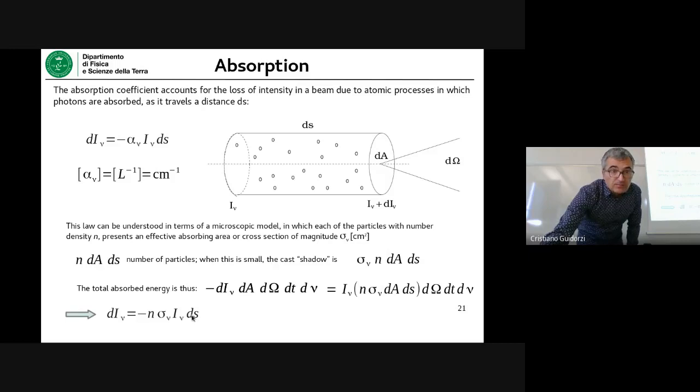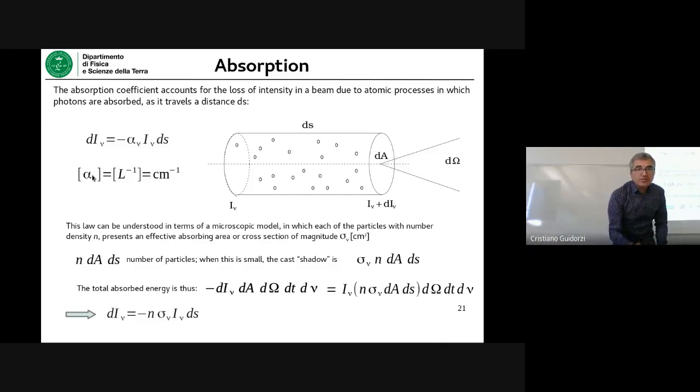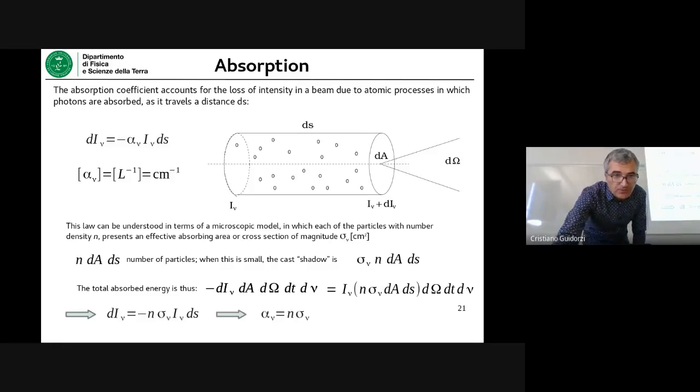Then ds, and then you immediately see that what here we call the absorption coefficient, I probably didn't mention explicitly, alpha nu, which has the size of length to the -1, is the so-called absorption coefficient. And you see from here, if you compare with this relation, that the absorption coefficient is just the number density times the cross-section.